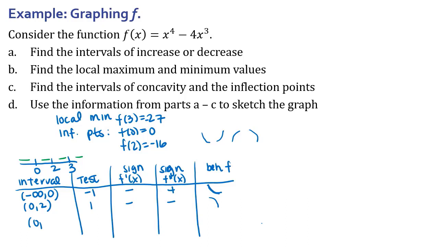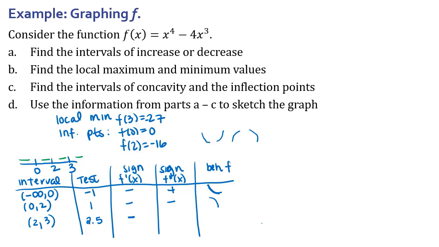And then from 2 to 3. So a point that we can use there, let's use something like 2.5. So at 2.5, if we were looking at that first derivative, we found that on that interval this was decreasing.